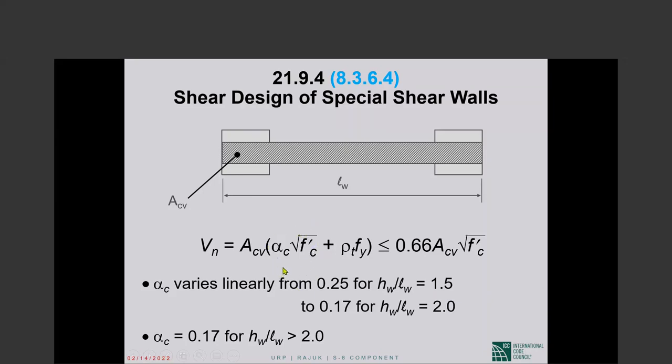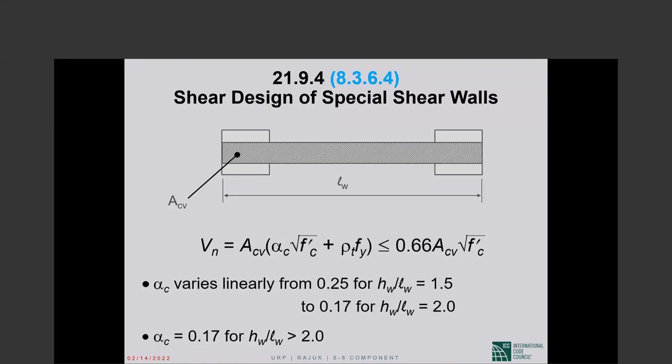concrete resistance part. Now, any part of phi times V sub n that cannot be resisted by the concrete, we have to design horizontal shear reinforcement for. So rho sub t will be calculated based on phi times V sub n minus A sub cv times alpha sub c times square root of f sub c prime.